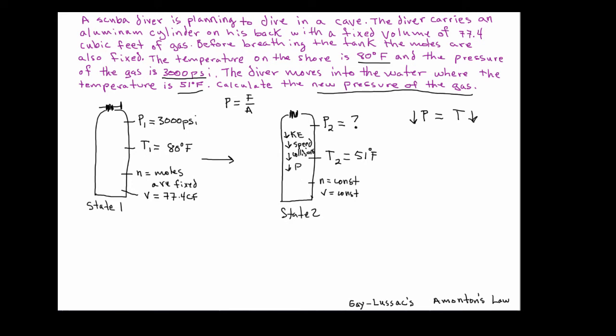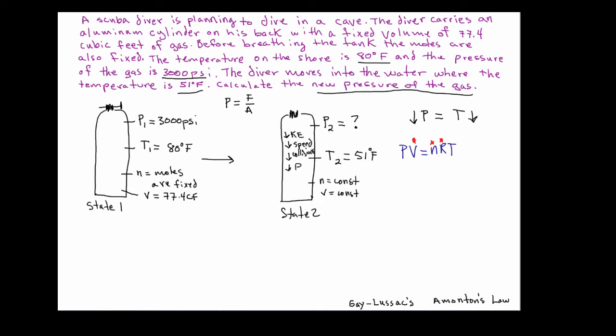All right, so now let's figure out how we're going to solve this problem. So if we look at the ideal gas law, PV = nRT, I'm going to go ahead and put an asterisk above the things that are going to remain constant. So the volume is constant, the moles are constant, and the gas constant is not changing. It's a constant as well.